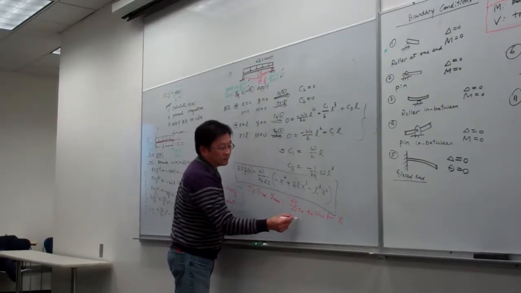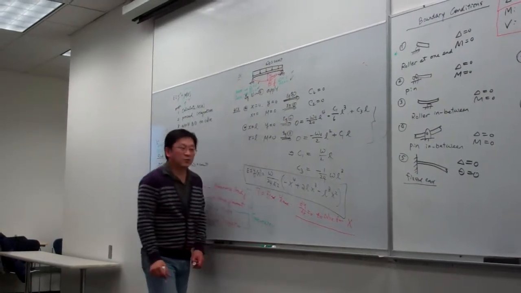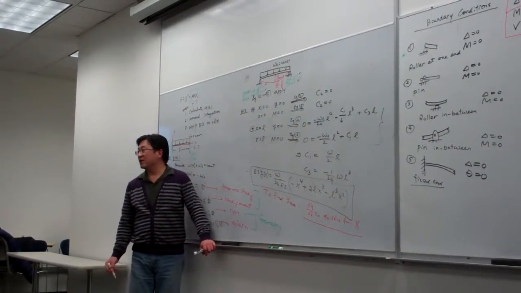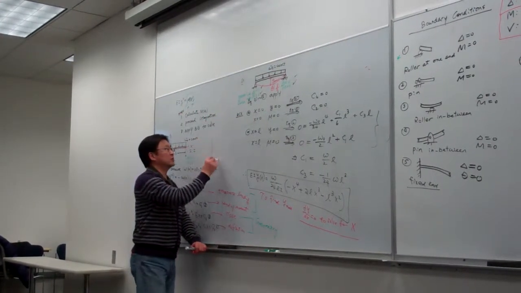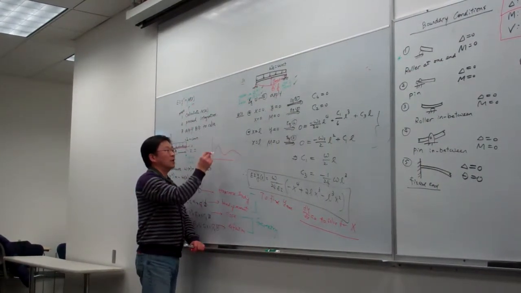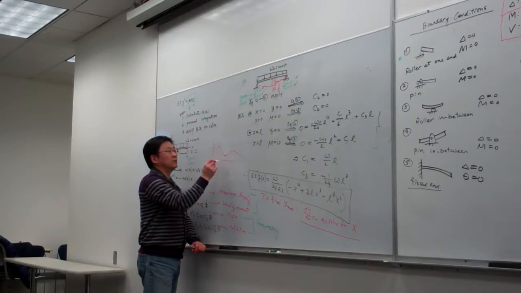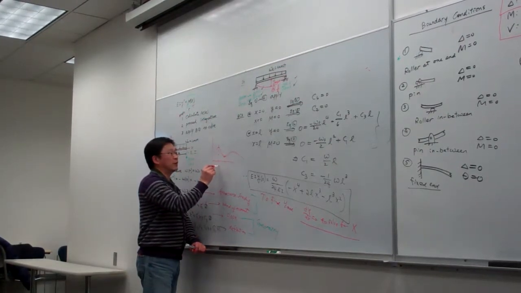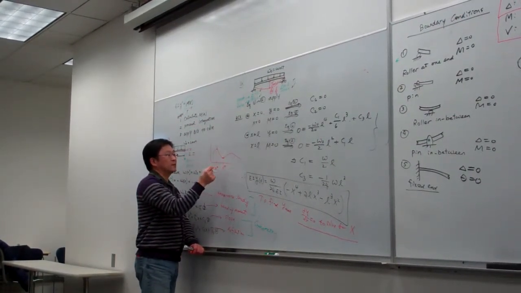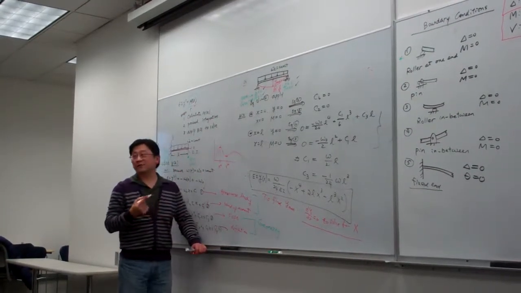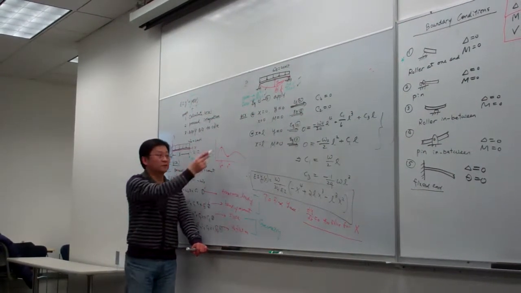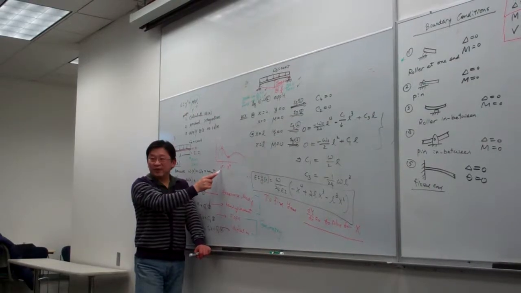This is simply calculus. If we want to find the maximum or minimum of any function, corresponding to x star, how do we find it? We take the derivative and set it equal to 0, then we will find the place.